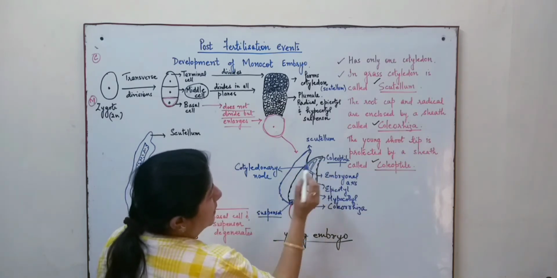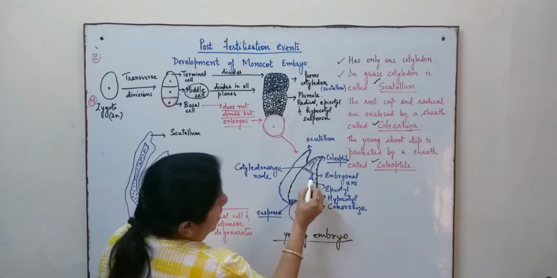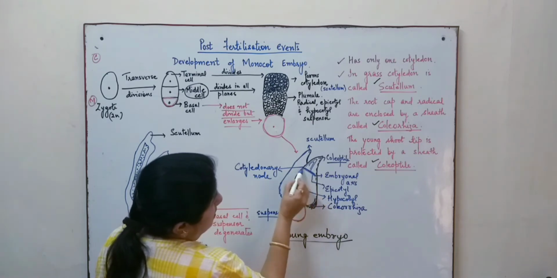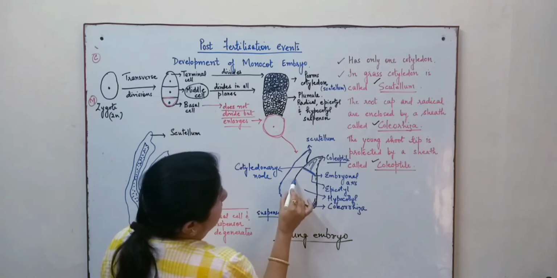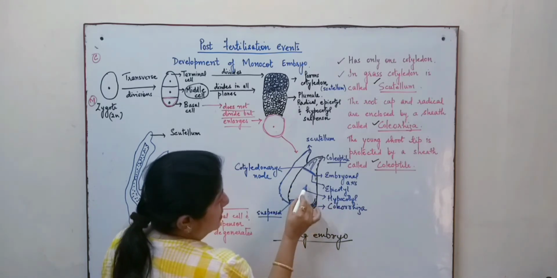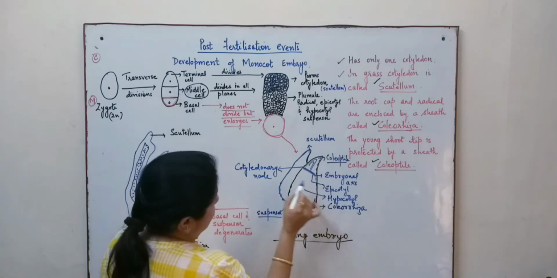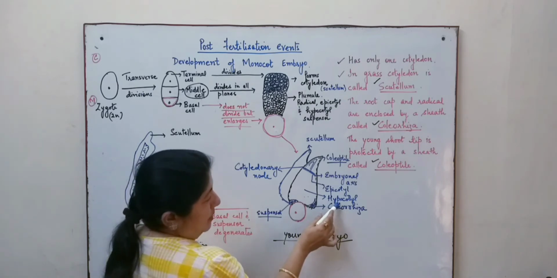Here is the developing shoot tip. The portion below the developing shoot is the epicotyl, and the region over here is known as the lower portion, where the cotyledonary node is present. That portion is known as hypocotyl.